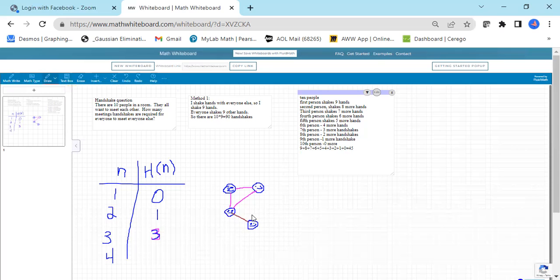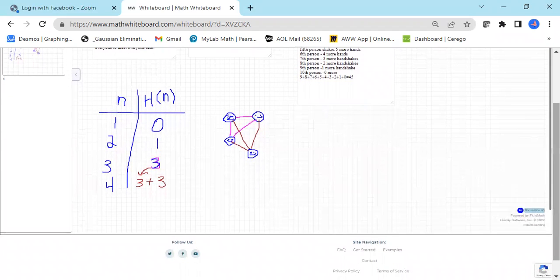So they've got to shake hands with this person, and this person, and this person. That was 3 more handshakes, for a total of 6. And so I can keep track of this. We take the original 3, and we add in 3 more.